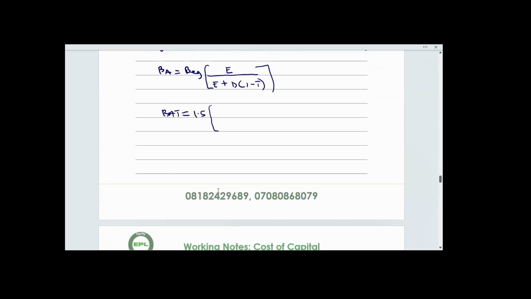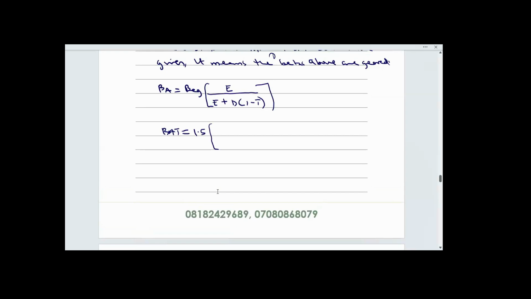equity value. I need the equity value of training. Going back to the question, debt to total market value for training is 12%. So if debt is 12%, equity is 88%.